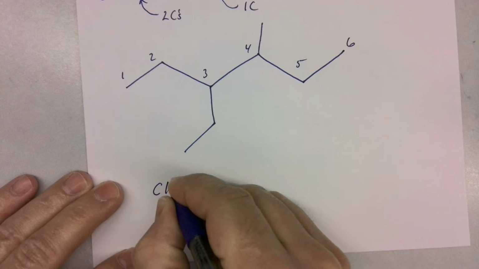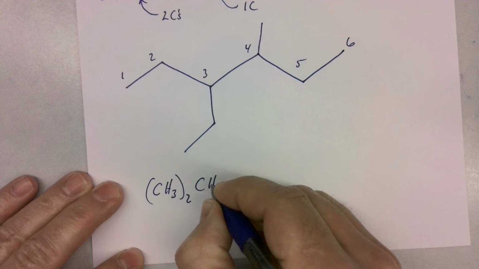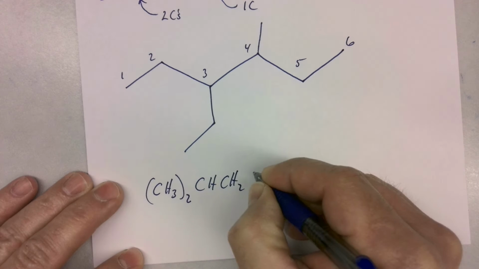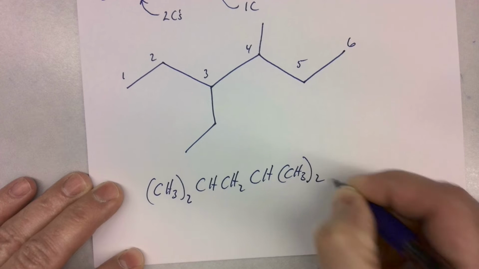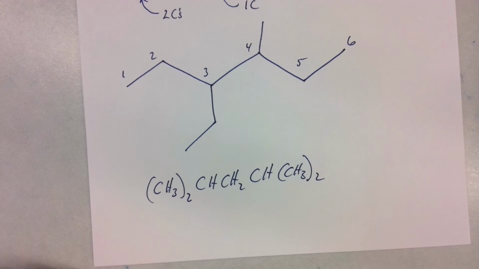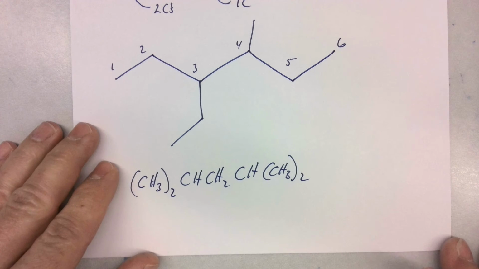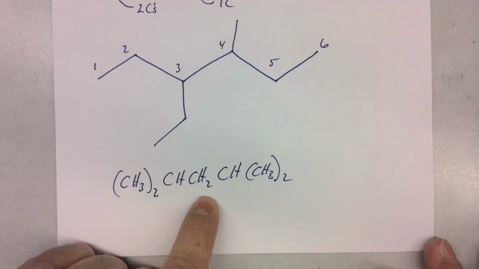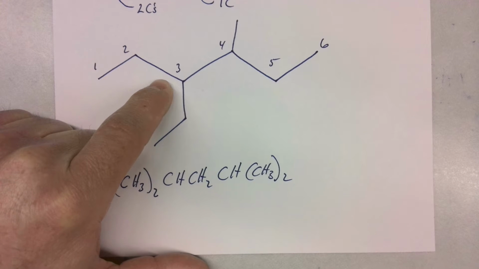They give you CH3 taken twice, then I got CH2, CH3 taken twice. Now, a lot of the battle here is being able to go from the condensed version to the skeleton version, in my opinion. Okay?